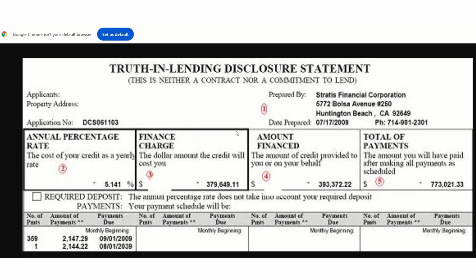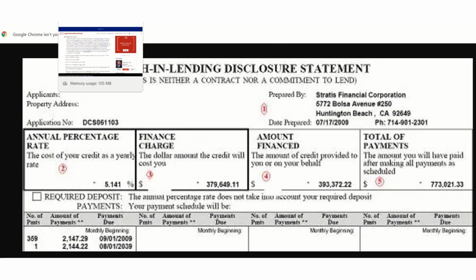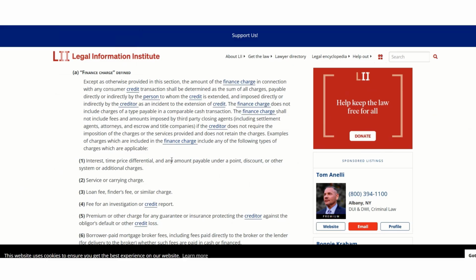But also what it's supposed to show is any amount payable under a point, right? So what's payable? It doesn't say payable to.